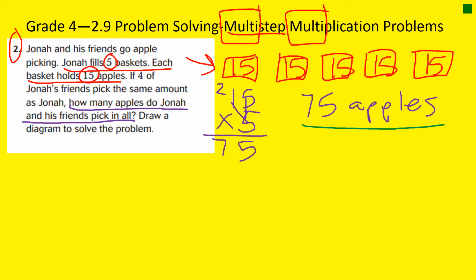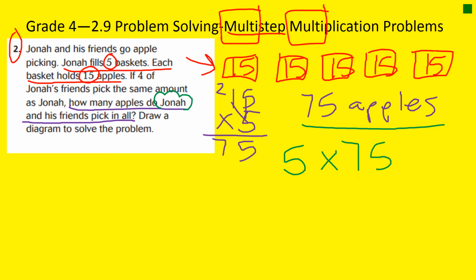So you might think, oh, 4 friends picked 75, 4 groups of 75. But don't forget about Jonah, because Jonah is part of the group here. So it's going to be 5 kids, 4 friends and 1 Jonah, each picked 75 apples.